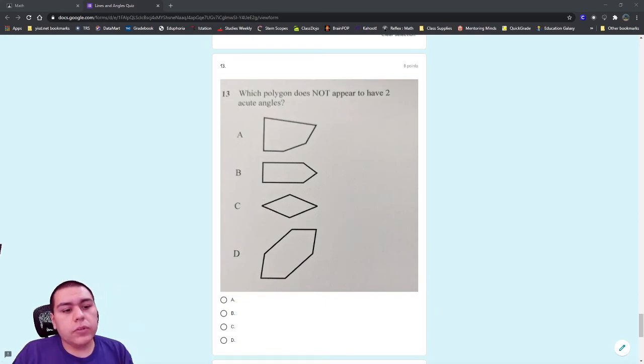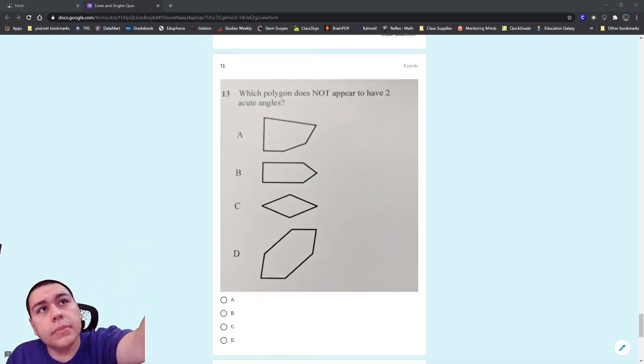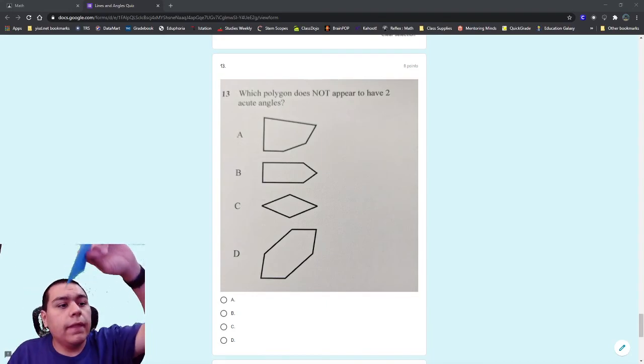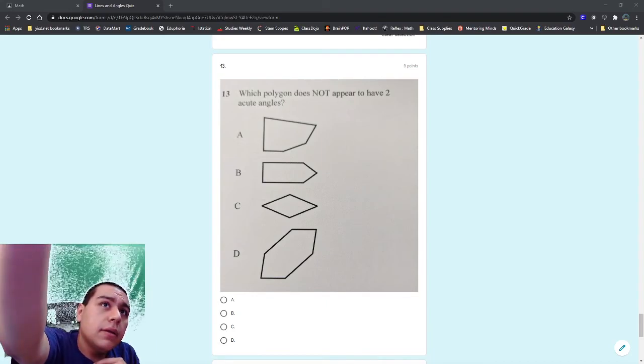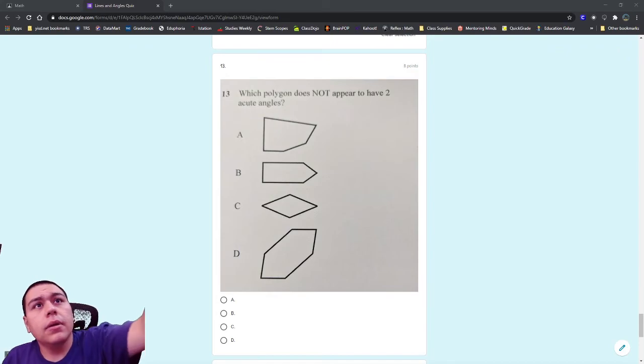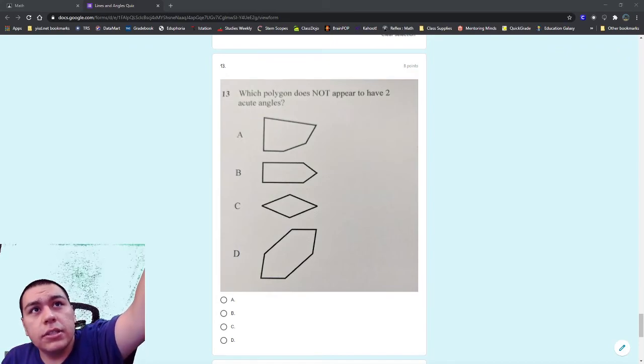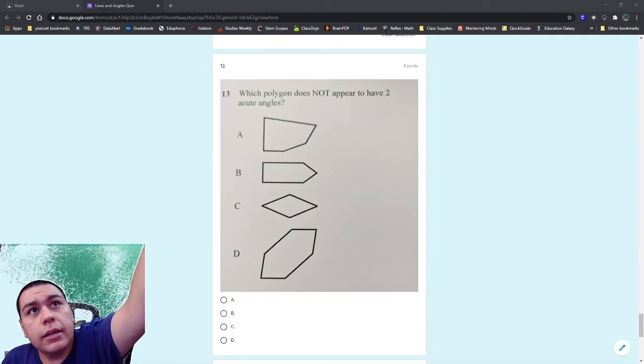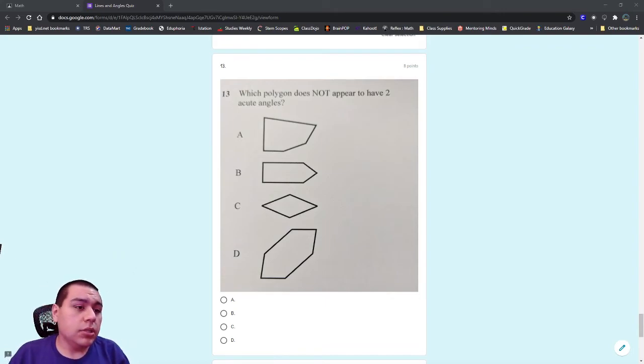If I check the first one, I go check with my sticky note. The angle up on top is an acute angle. So that gives me 1. If I check the angle to the side of it, I have an obtuse angle. Sorry, not enough. I have an acute angle. So I've got 2 acute angles already.